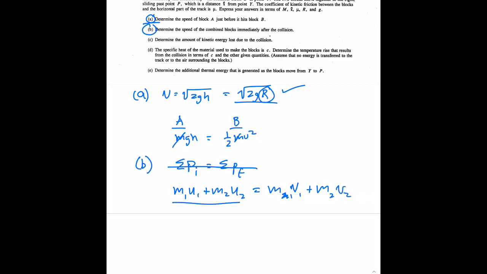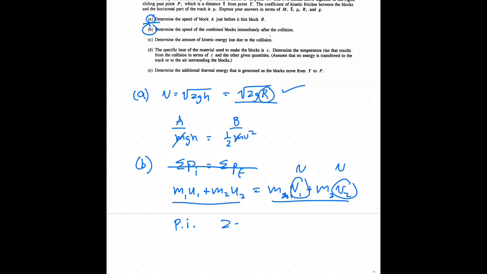However, in this case, we can reduce it a little bit. If the collision is perfectly inelastic, then that means velocity number 1 and velocity number 2 are going to be equal, and we can just call it V and then factor it out.